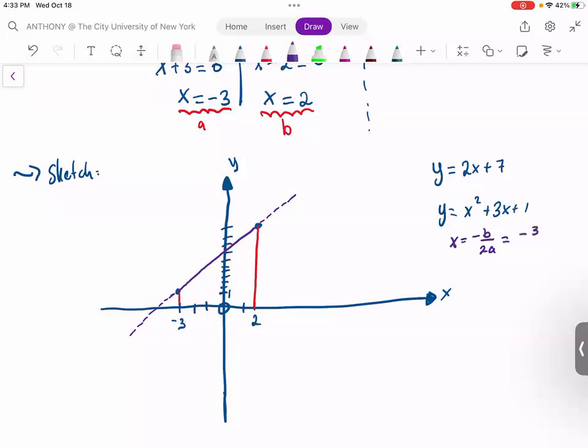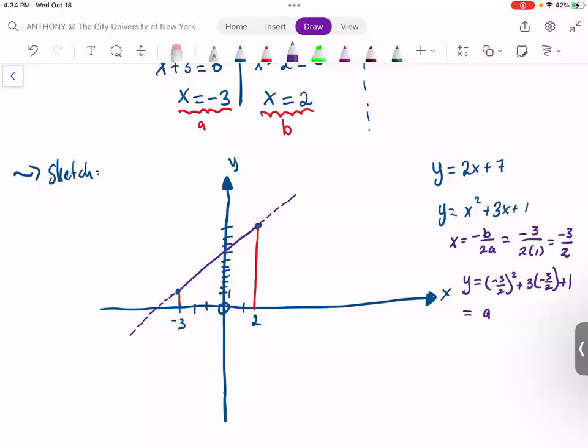So this will give you negative 3 over 2 times 1, which is negative 3/2. So when x is equal to negative 3/2, you're going to get y is negative 3/2 squared plus 3 times negative 3/2 plus 1.